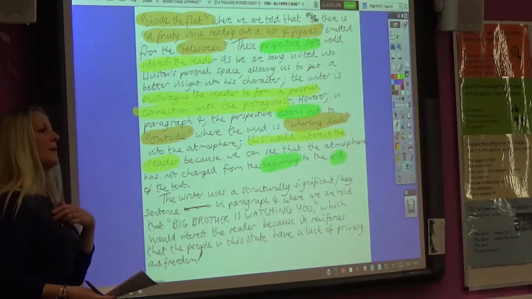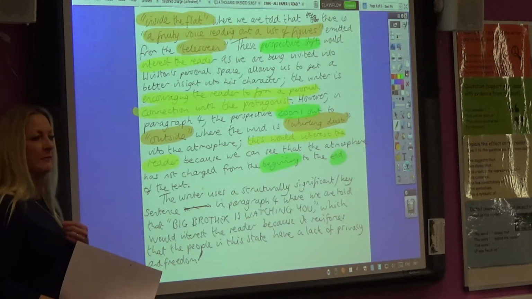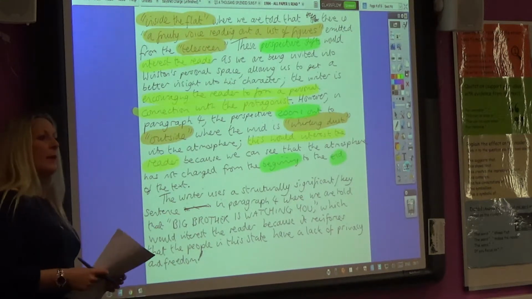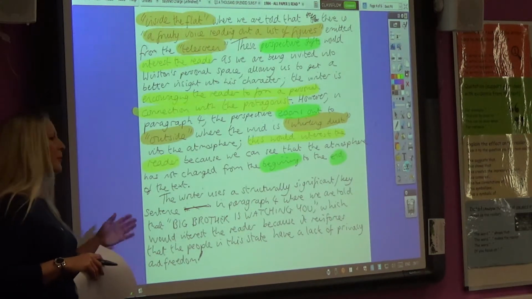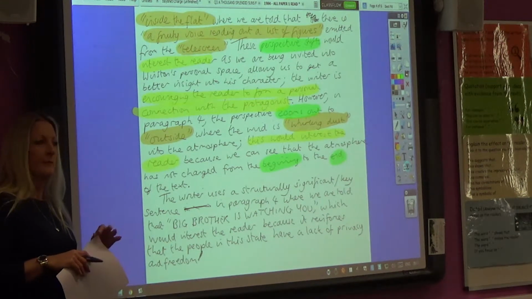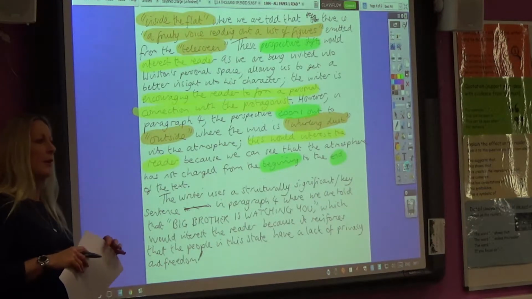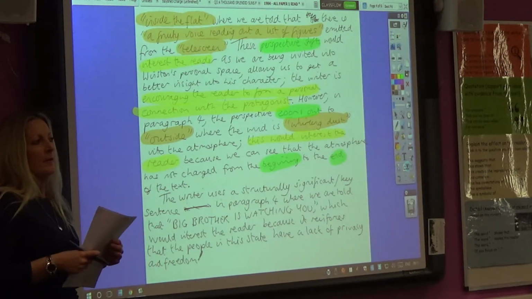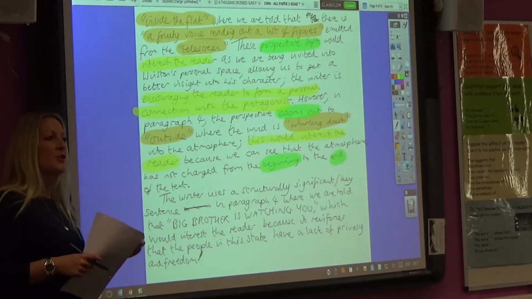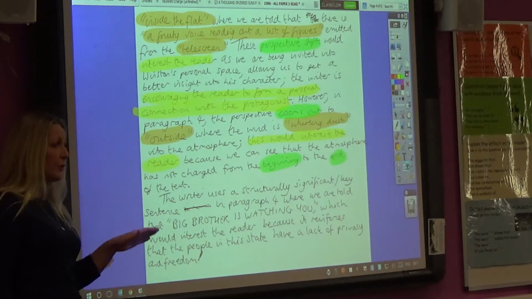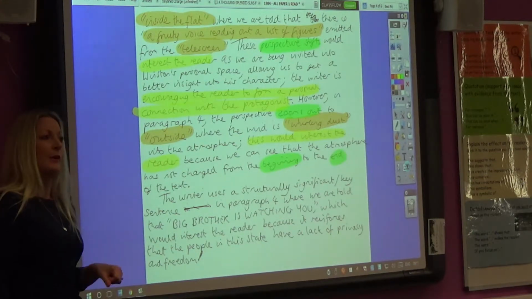So can anyone expand on that? Why does that interest me as a reader even more? Think about the rest of the novel. Why would I want to continue reading this novel if people have no freedom and privacy? Why would I want to carry on? What do people normally do? If they're restricted for too long, what do they normally do at some point?